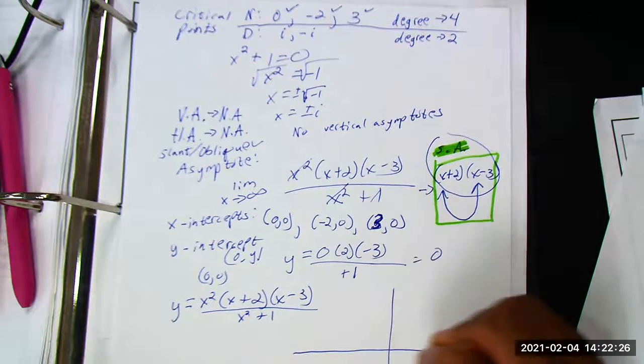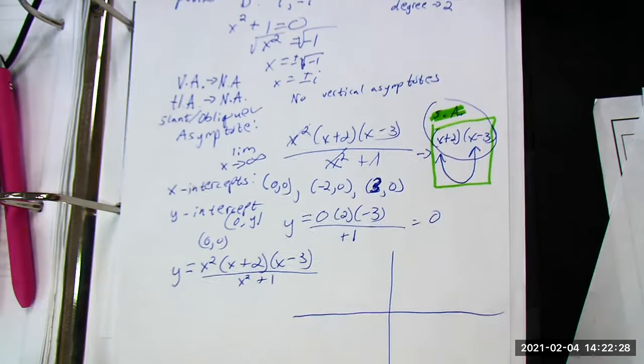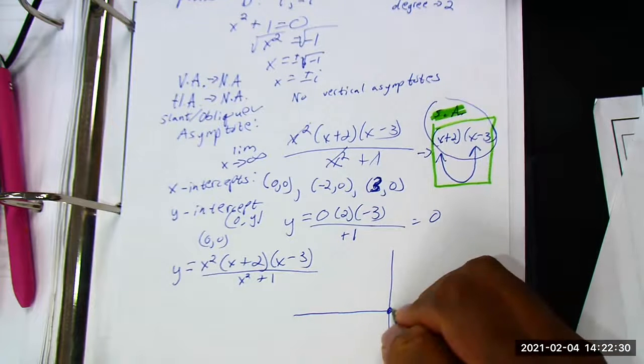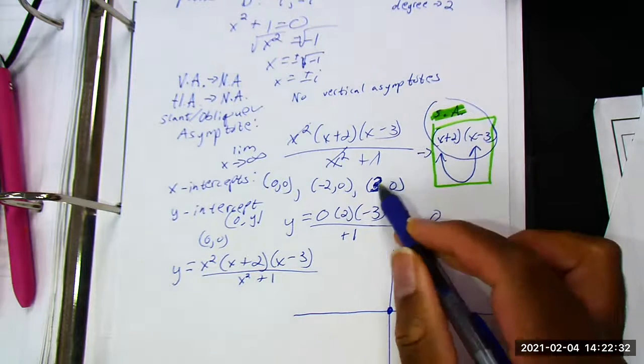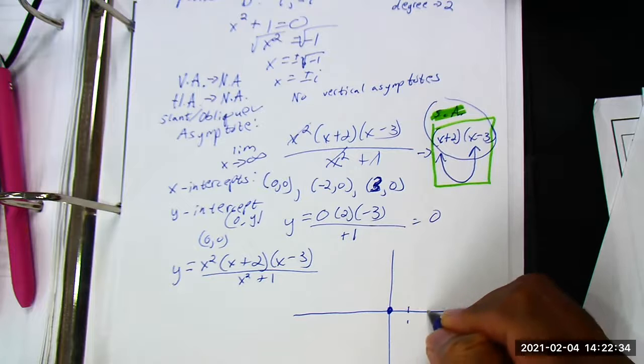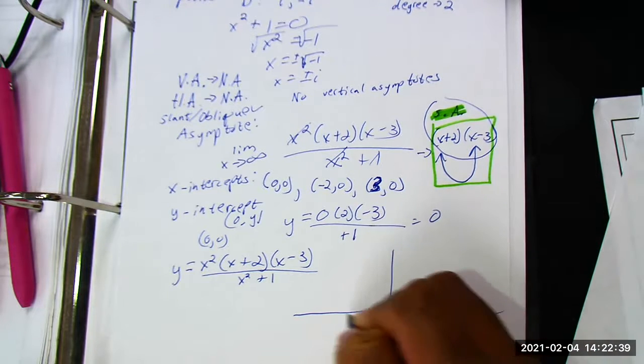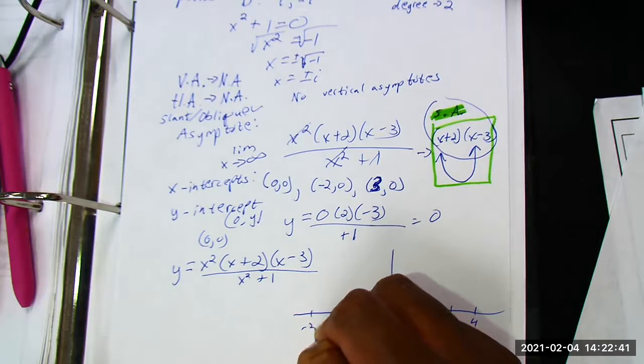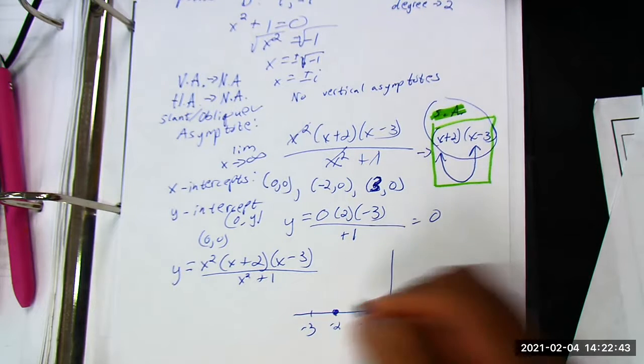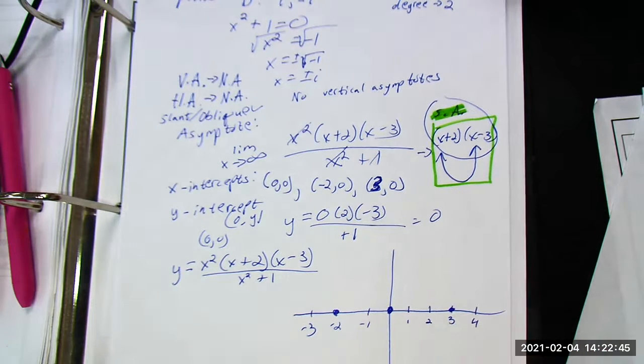Okay. And I'm going to start off by plotting my x and y intercepts. We have an x-intercept here, 3 and 2, 1, 2, 3. Let's throw 4 in there. An x-intercept at -2 and an x-intercept at +3.